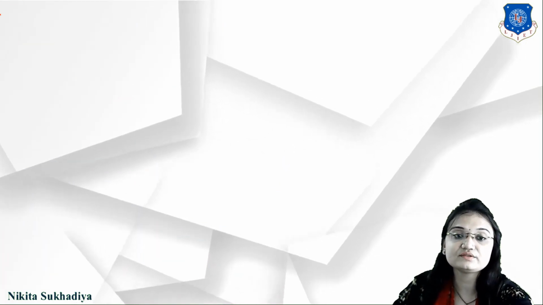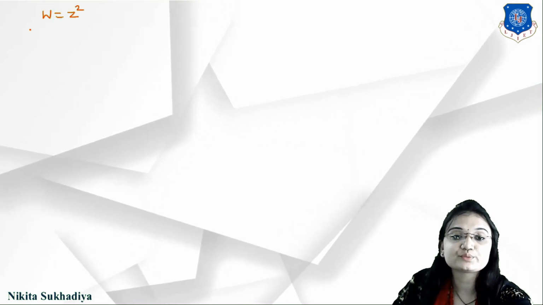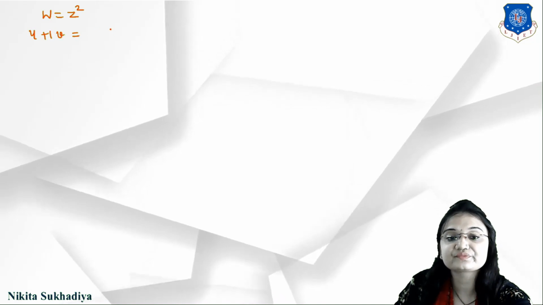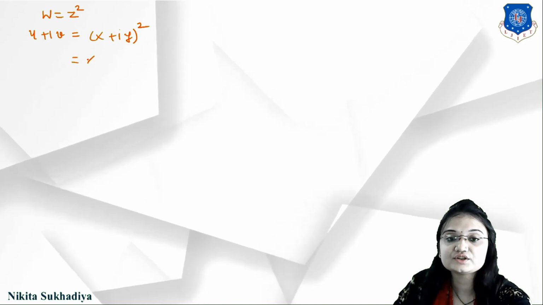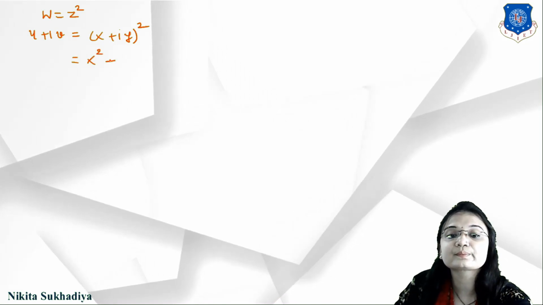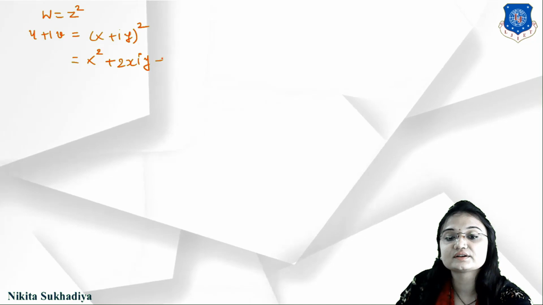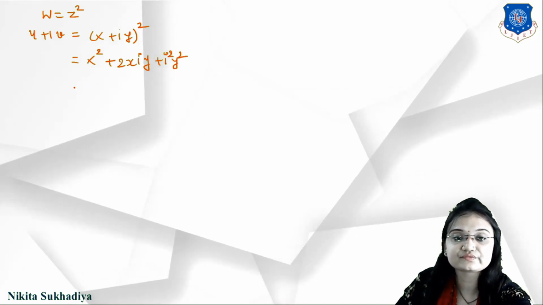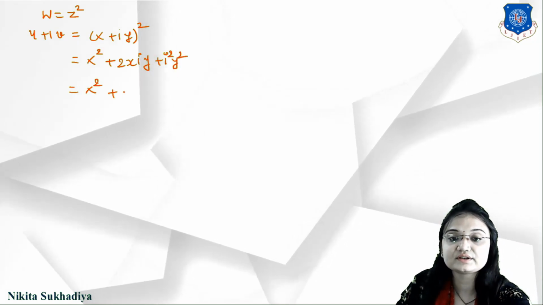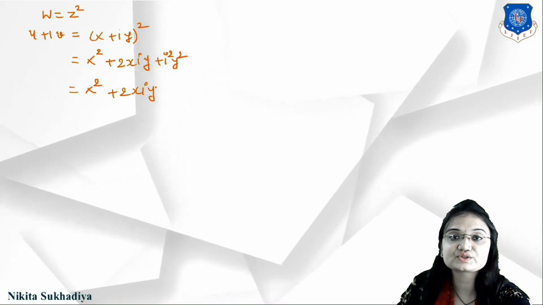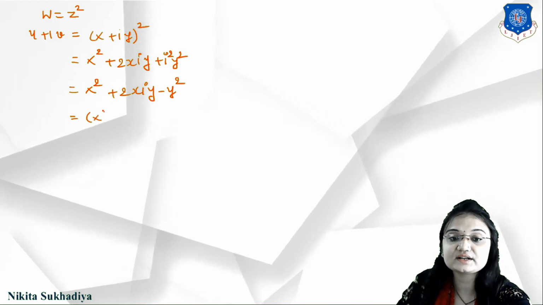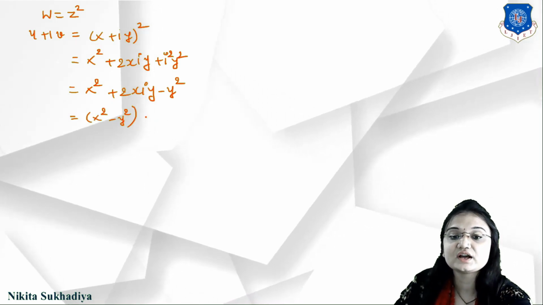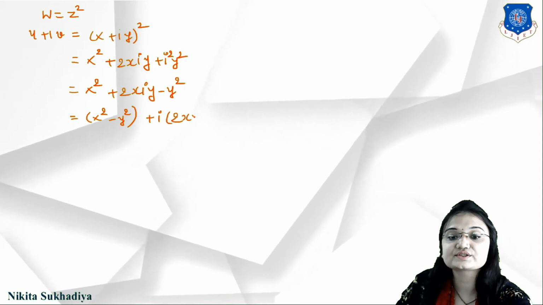So here we have the transformation W is equal to Z squared. Put W is equal to U plus IV and Z is equal to X plus IY, raised to the whole square. This is nothing but x squared plus 2x IY plus I squared y squared. Since I squared is equal to minus 1, this becomes minus y squared. So the real part is x squared minus y squared and the imaginary part is I into 2xy.